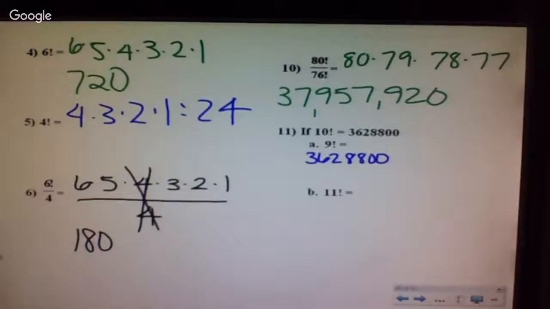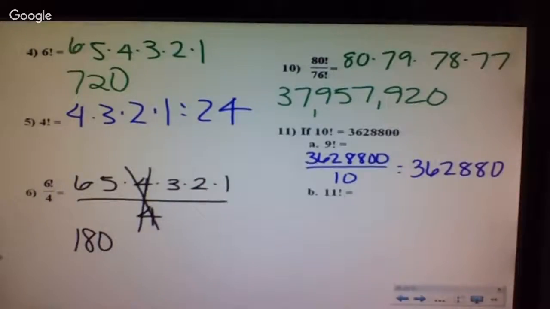What does 10 factorial have that 9 factorial doesn't? The 10. So we can simply divide that answer by 10 to get that answer. So going backwards, we divide by the numbers that they don't have.